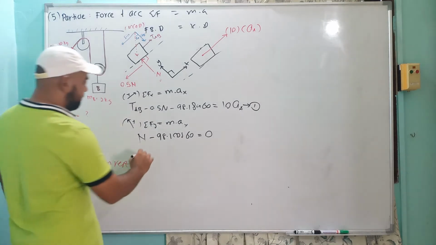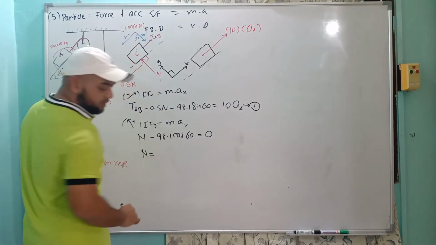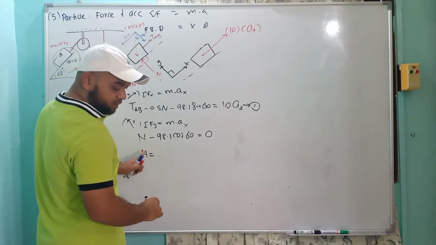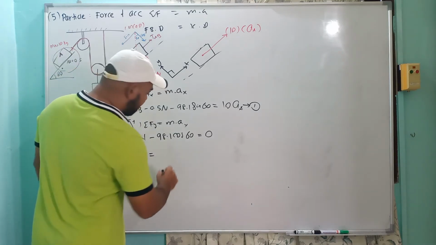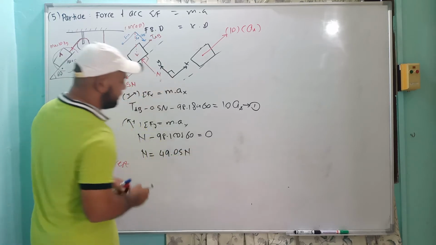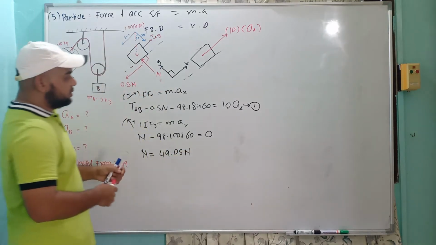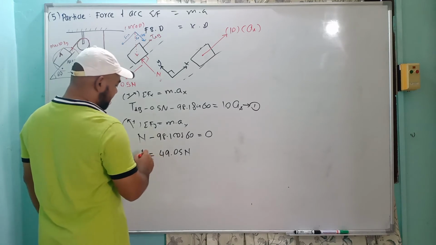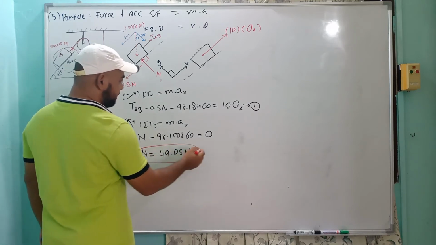So we should have N equal to 49.05 Newton. You replace this N with 49.05 in the first equation.